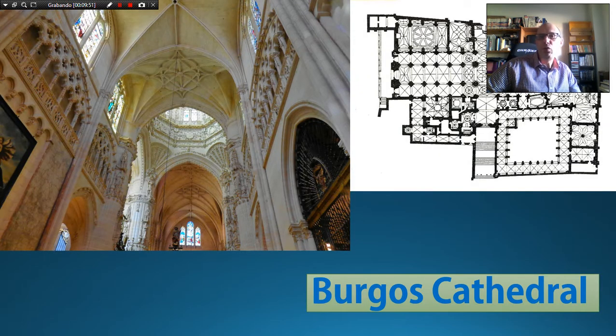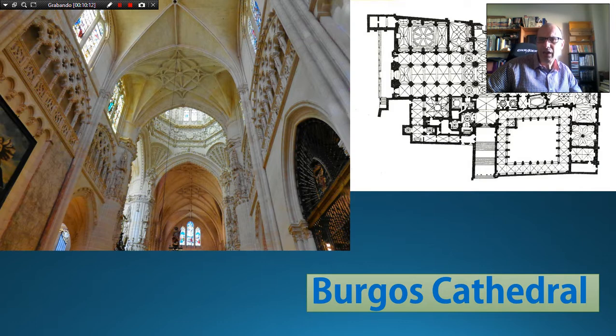Okay, another one is Burgos. Burgos is another cathedral from the 13th century. You can see 3 aisles. We have a cloister too, all of them covered with Gothic vaults. We have reforms and different transformations in this cathedral.